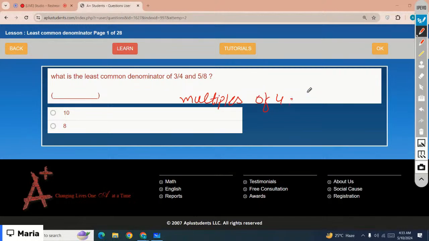Multiples of 4, they are 4, 8, 12, 16, 20. The multiples of 8 are 8, 16, 24, 32. So the smallest common number is 8. So the least common denominator is 8. Got it? The correct option is 8.